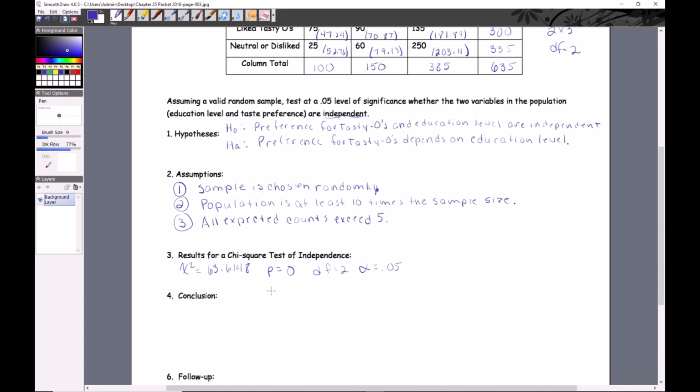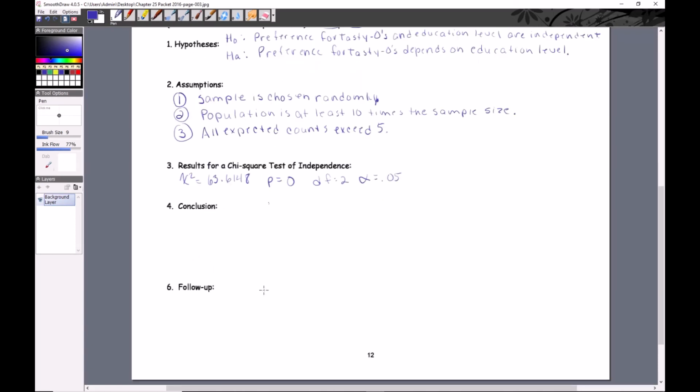When we go to write the conclusion, p is less than alpha. All right, so since p is less than alpha, the results are significant, and we reject H0. You know, this is the usual stuff. If we're rejecting H0 that they're independent, we're going to be claiming that they are dependent.